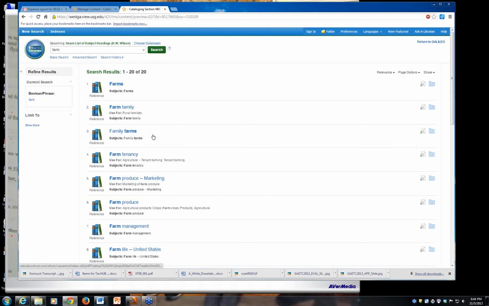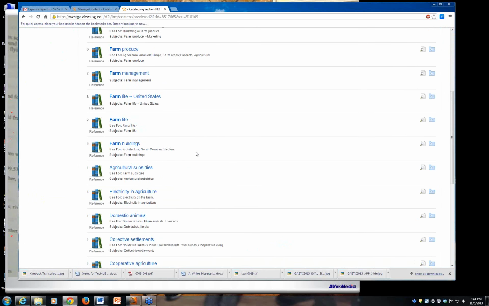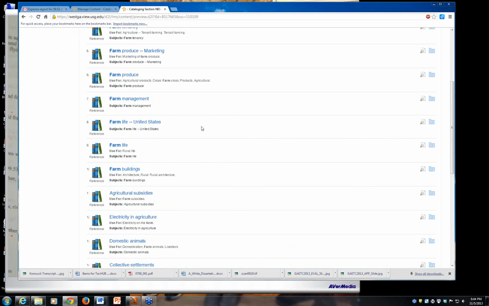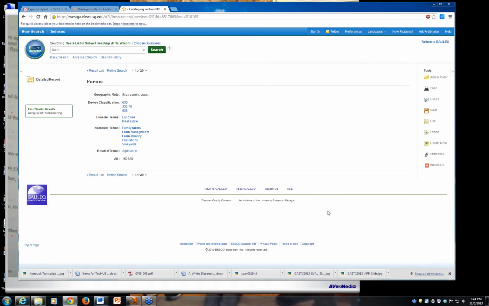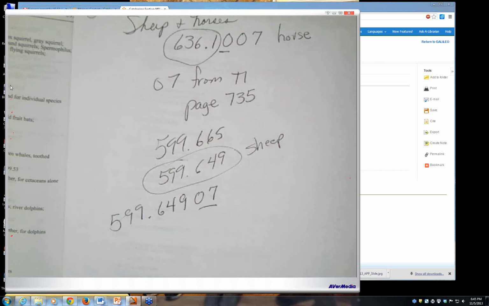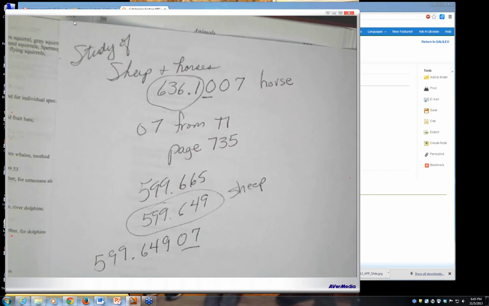There's farms, farm life, farm buildings, family farms. If we assume that this is a study of farm animals, ordinarily you would not do that because you don't know that. All you know is that this is a title on the study of sheep and horses, period.